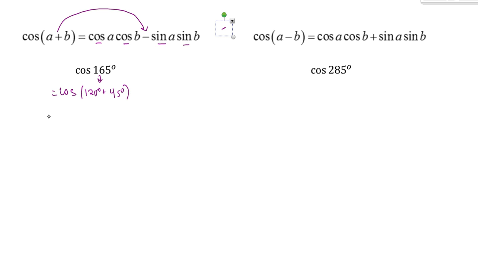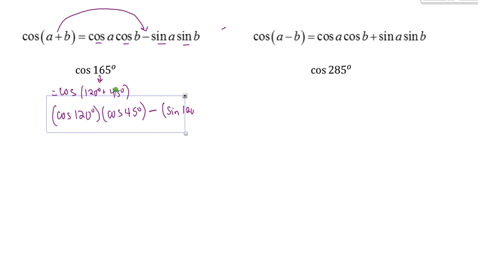Okay, then we'll just plug it into the formula just like before. Cosine of 120 times the cosine of 45 minus, because cosine's weird, the sine of 120 times sine of 45.